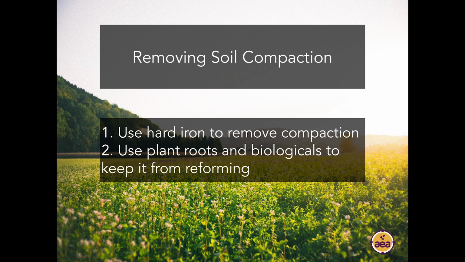There are a lot of conversations today about using cover crops, using roots, not iron, to remove compaction. And that can be possible in some cases, can be very effective in some cases, but it takes time.